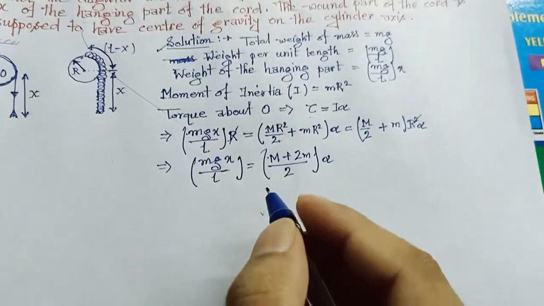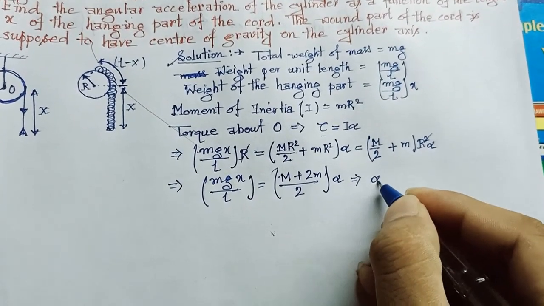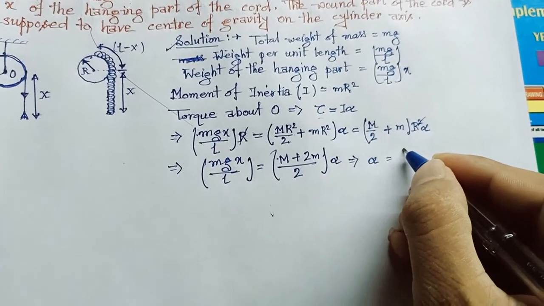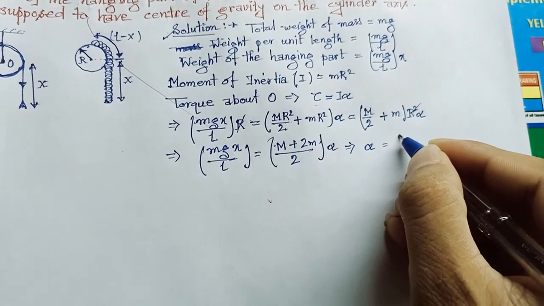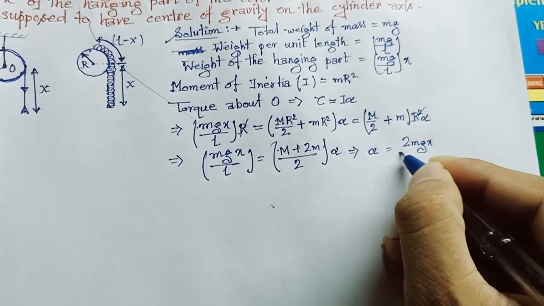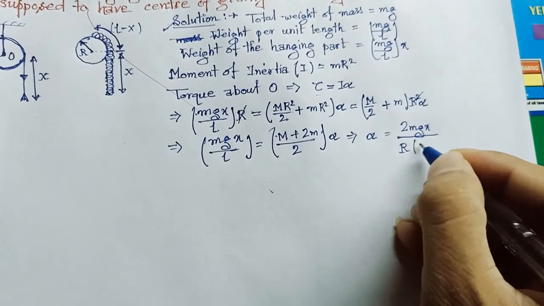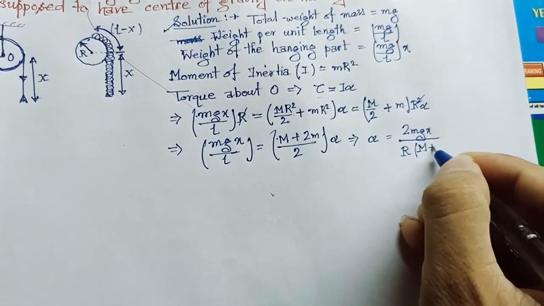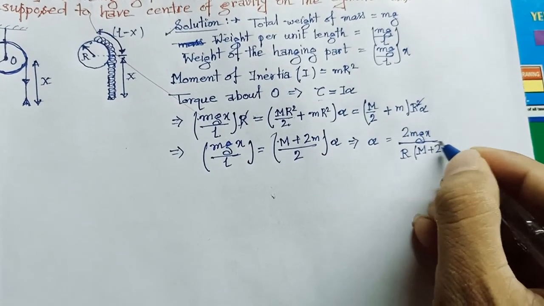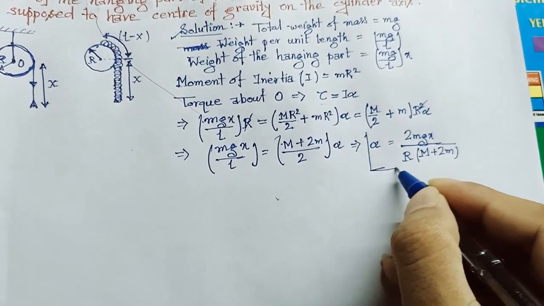So from this equation, if we want to find the value of alpha, then value of alpha will be equal to 2mgx divided by r into capital M plus 2 times small m. So this is our required value of angular acceleration as a function of distance.